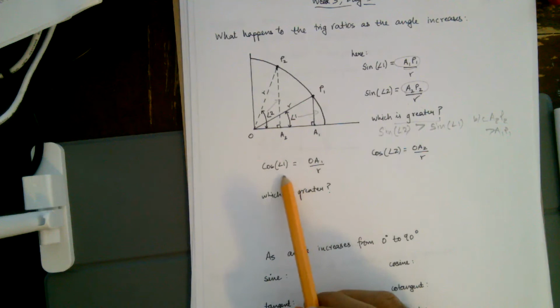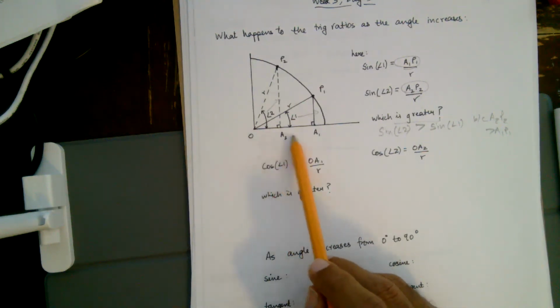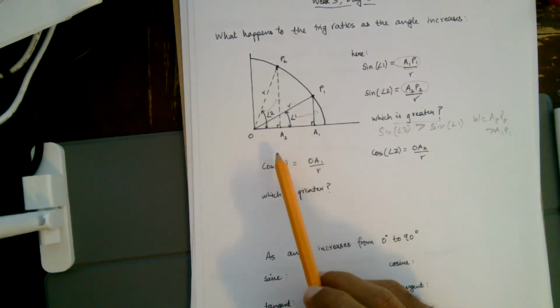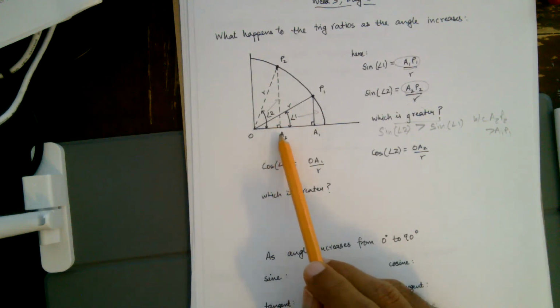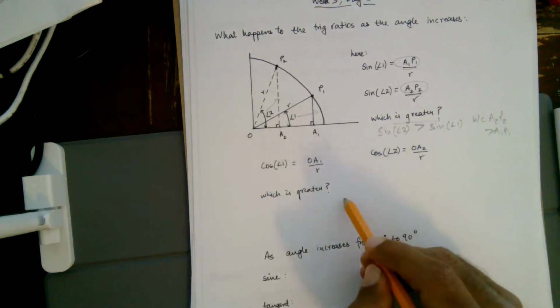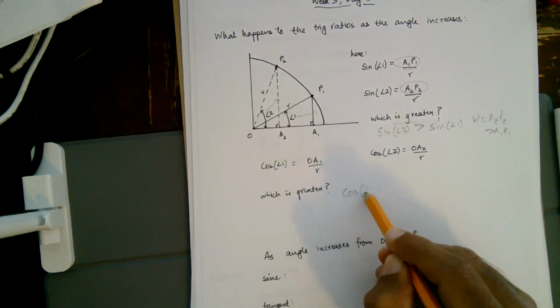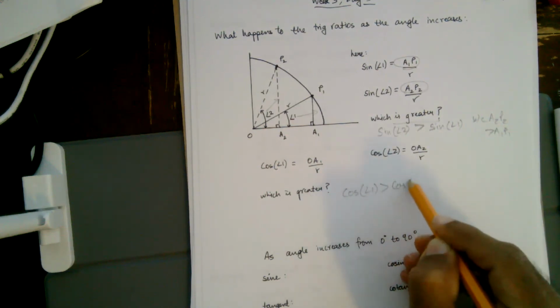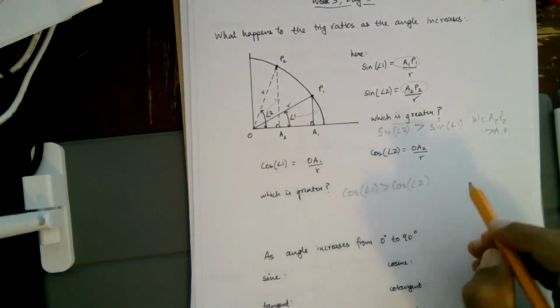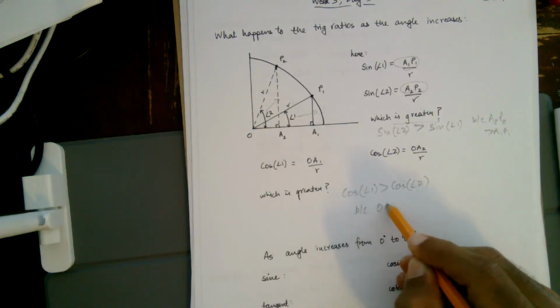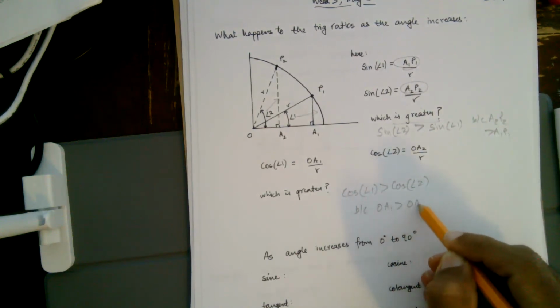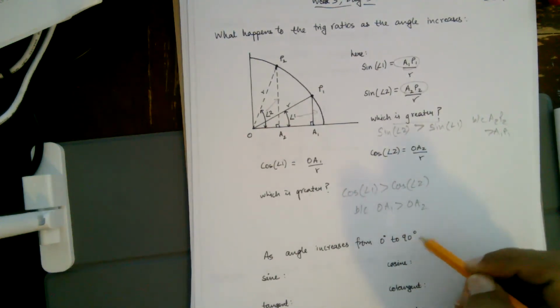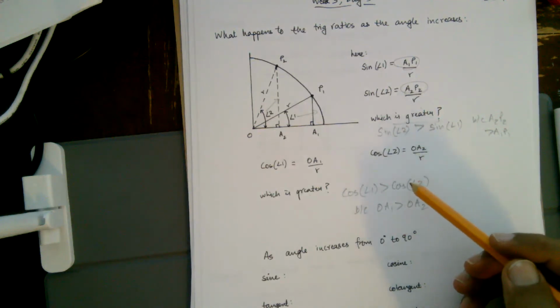What about cosine? Cosine angle 1 is OA1 over R and cosine angle 2 is OA2 over R. So in this case, cosine angle 1 is greater than cosine angle 2 because OA1 is larger than OA2. So we see an interesting pattern.